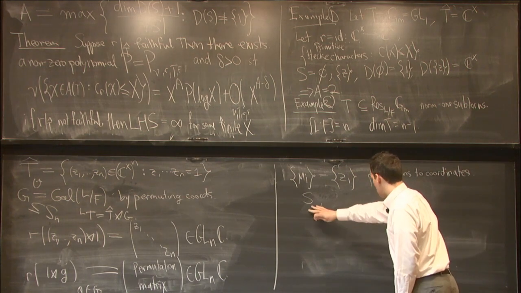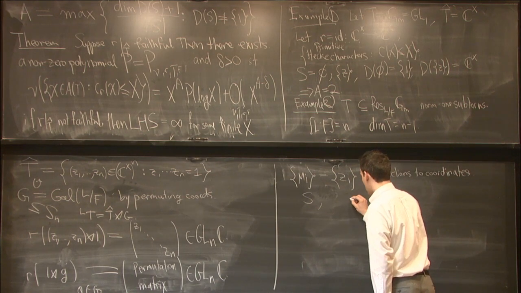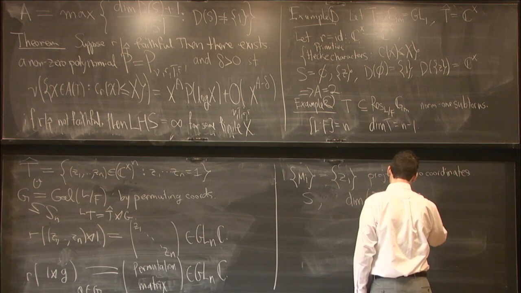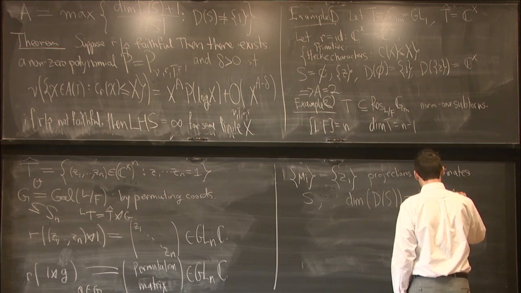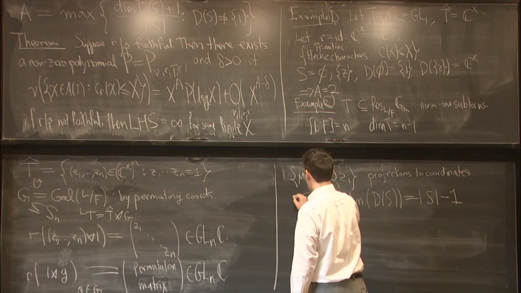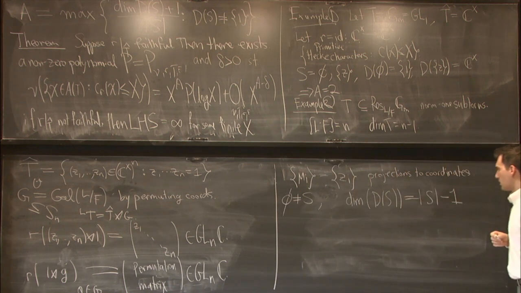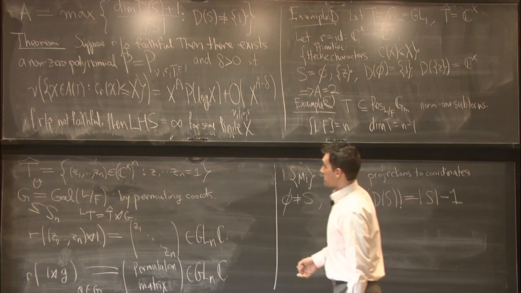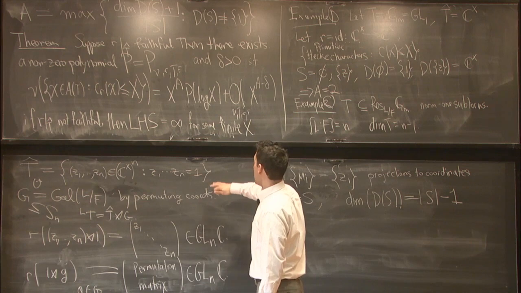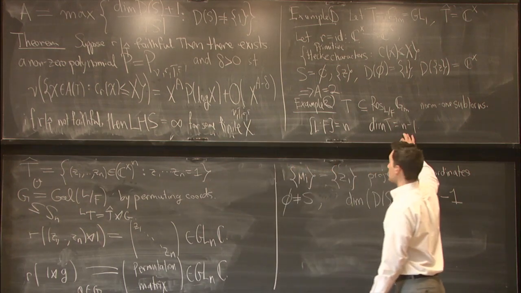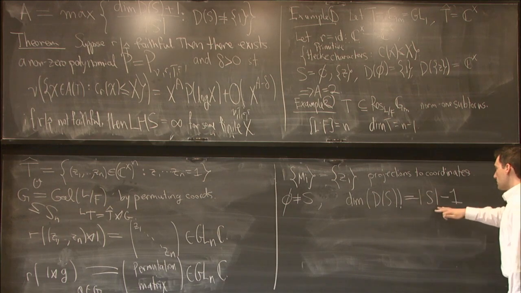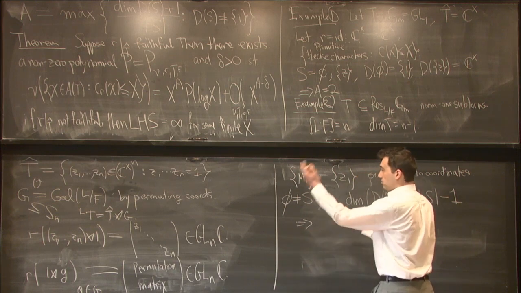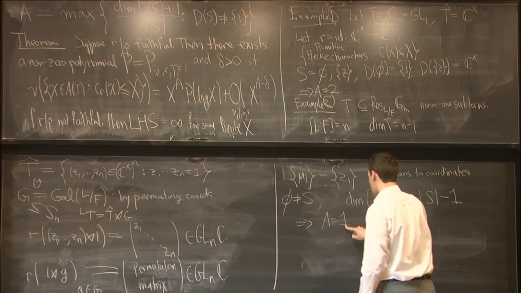So the crucial fact in this example is that the dimension of D of S is always equal to the cardinality of S minus 1. So I'll say S not empty. This is a subgroup of this n minus 1 dimensional complex torus, and it's this dimension. So this implies that A is equal to 1 in this case.